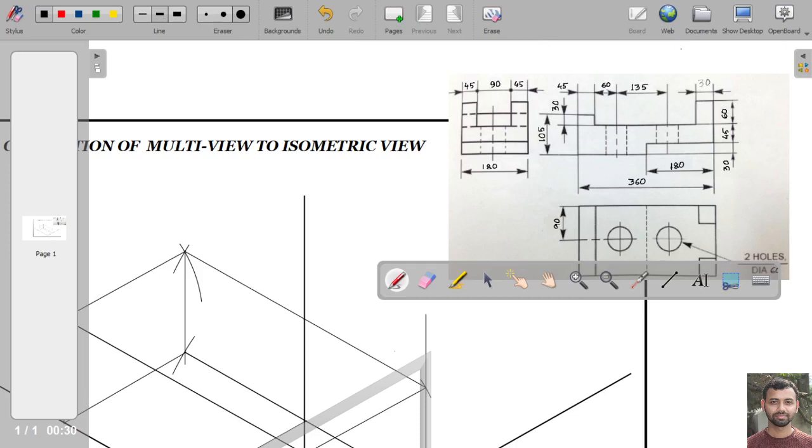It will be 30 mm, this width. Okay, so the width of this upper portion is 30 mm.